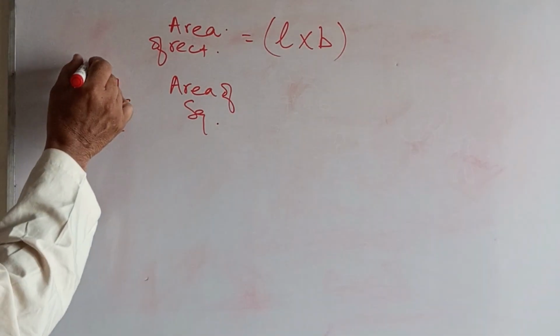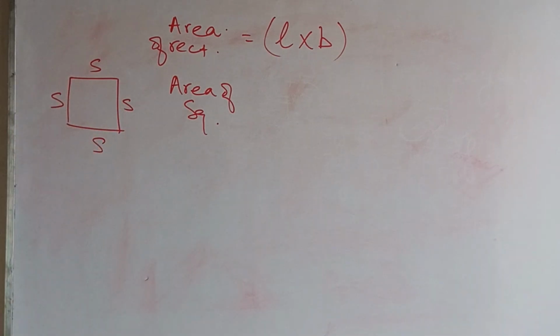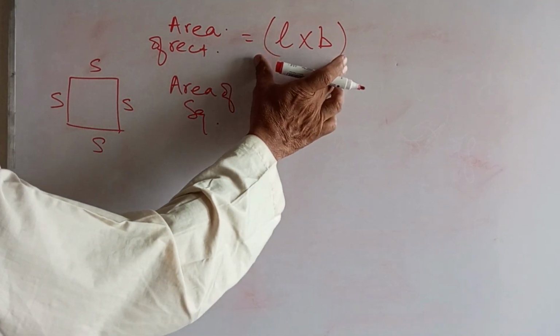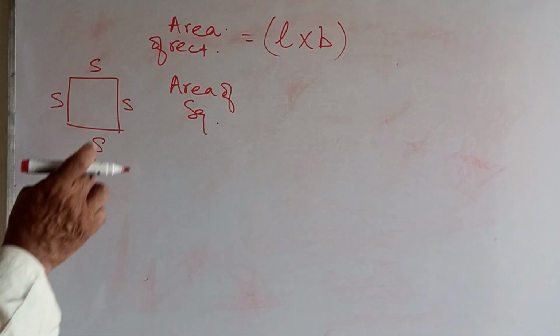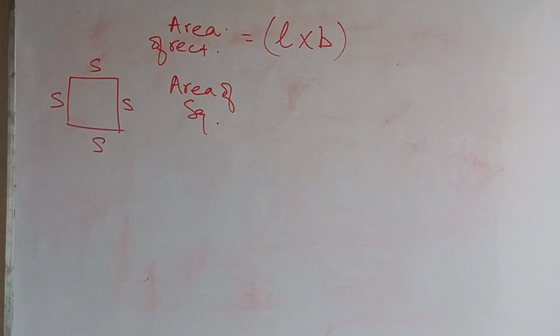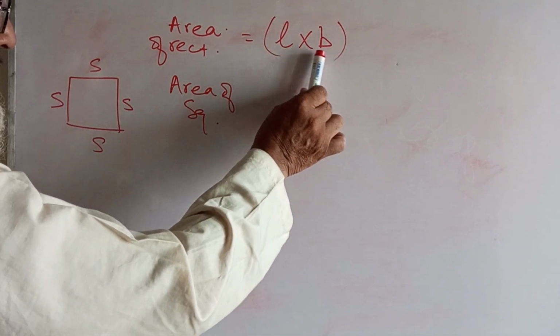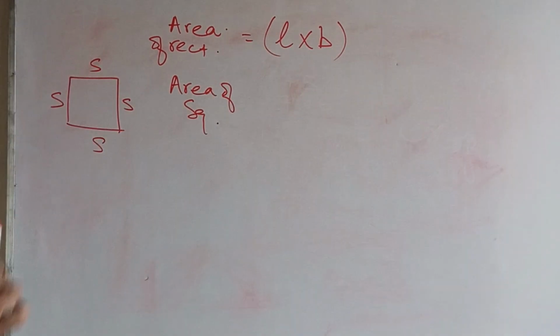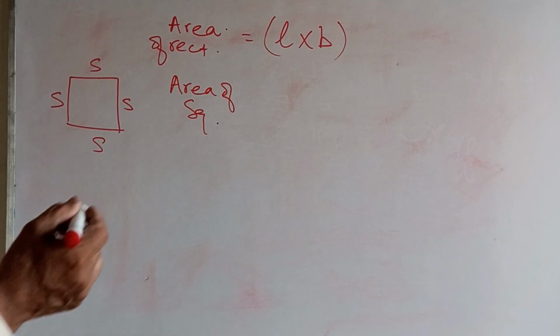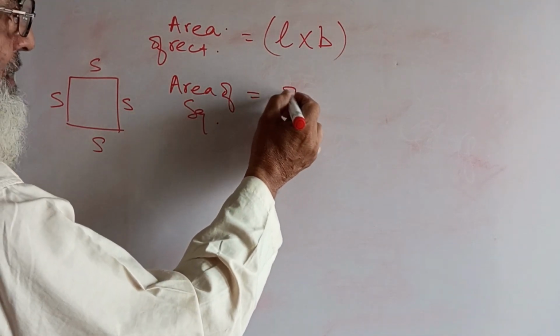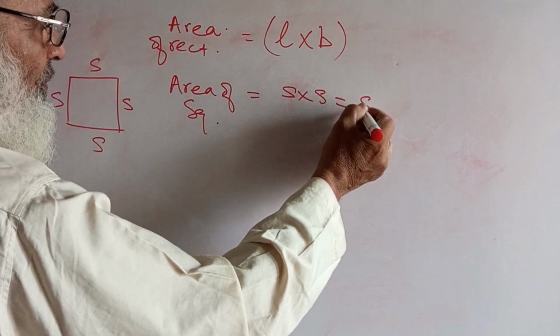Suppose this is the side, and this is S, and this is S. The measure of each is S. Then the format will remain the same, that we multiply the two sides, like we multiplied length into breadth. Here, luckily, we have the same size of side in each case. So it will become S multiplied by S, which is equal to S square.